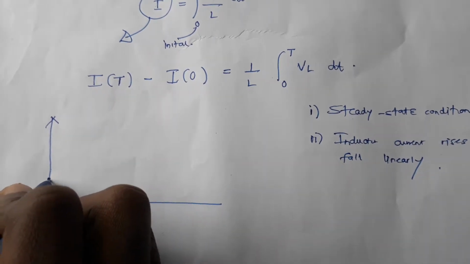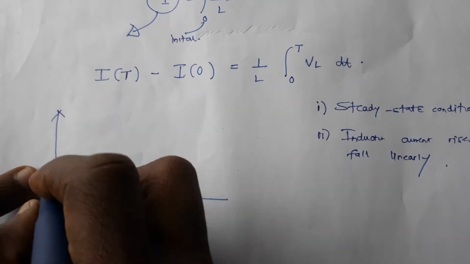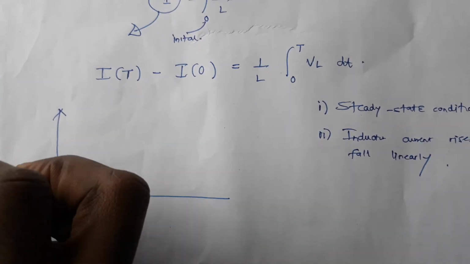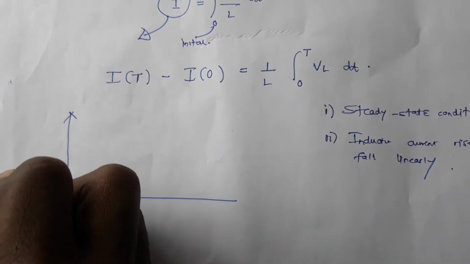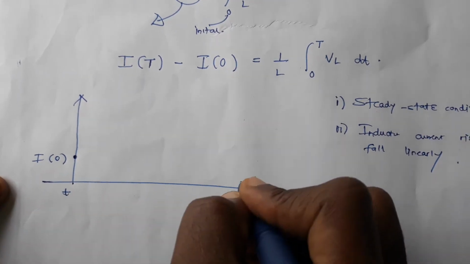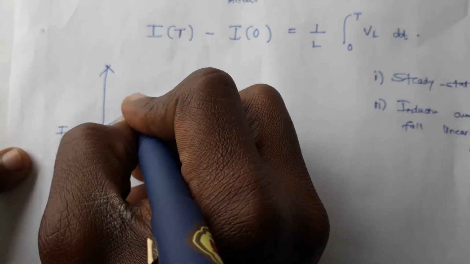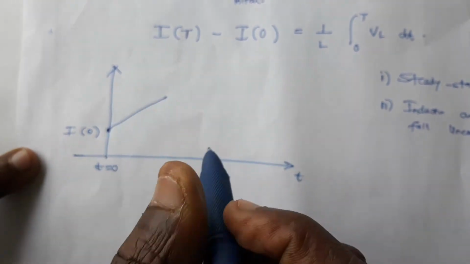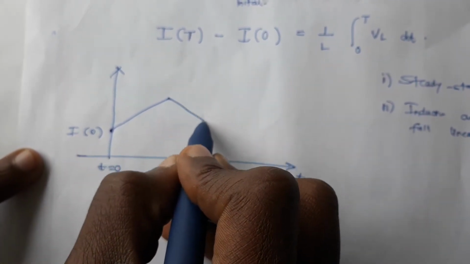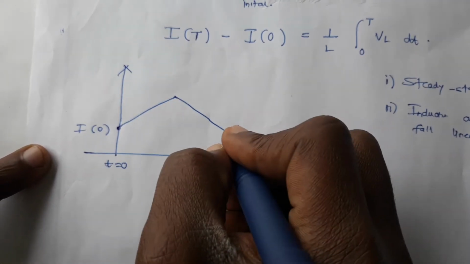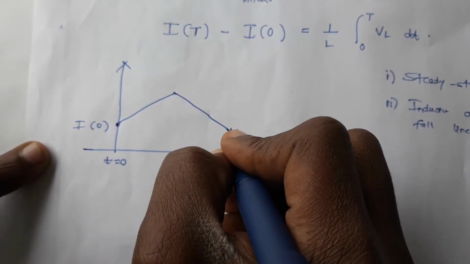It starts from a minimum value, which is I at time 0, because in this case t is 0. It increases, reaches a maximum point, after which it falls linearly and reaches its final point.